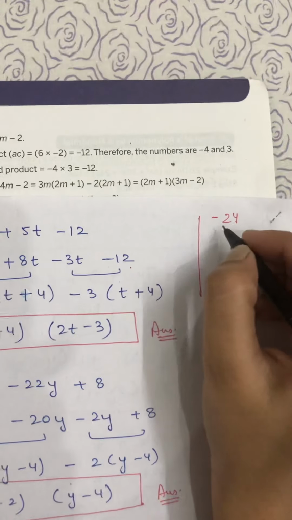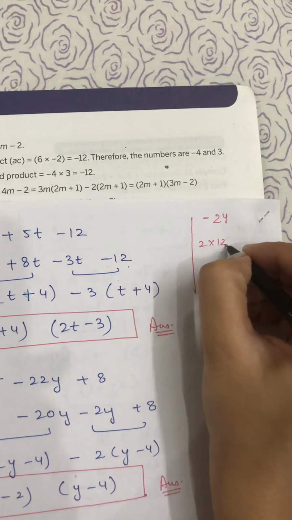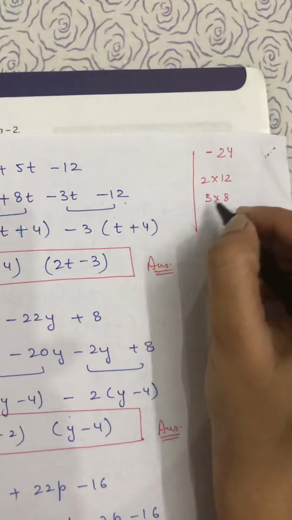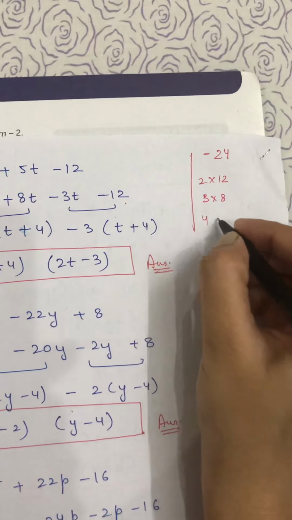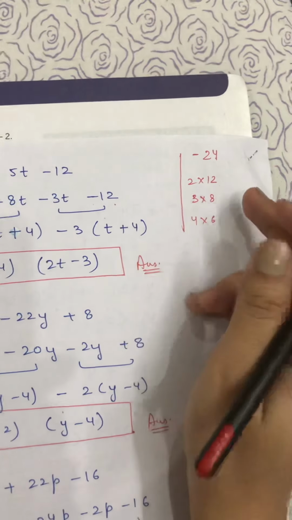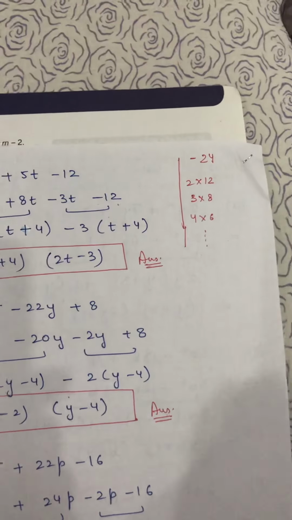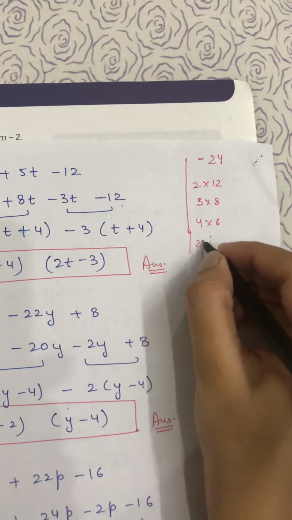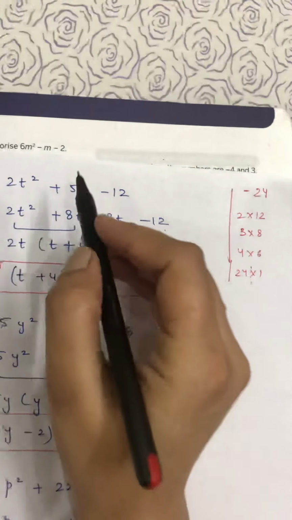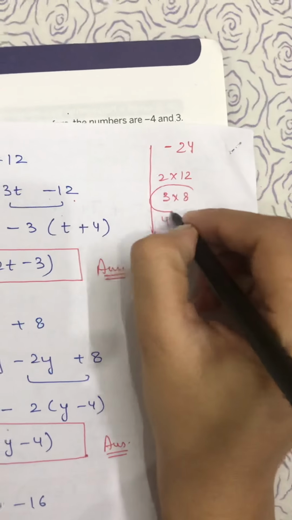So factors of 24 will be 2 12s, or 12 2s, then 3 8s, or 8 3s, then 4 6s, or 6 4s, and then see if any other factor is there or not. 24 1s or 1 24s. So which factor will satisfy? I want here 5t.